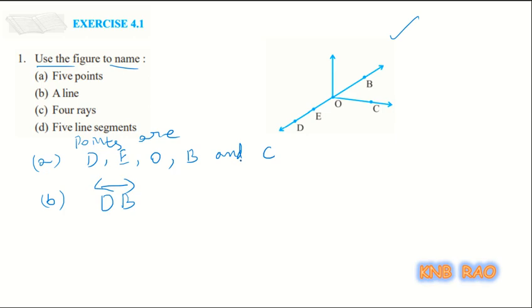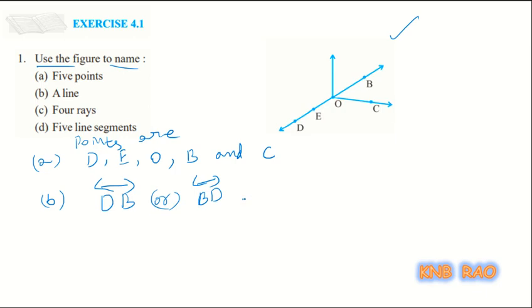and to name it I have got many options. The same line can be named using any 2 points on it. So, a line is represented by using any 2 points on it. You can name it as line DB, or line DE, or even line BD. There are many possibilities. Taking any 2 points on this line, we can name it.